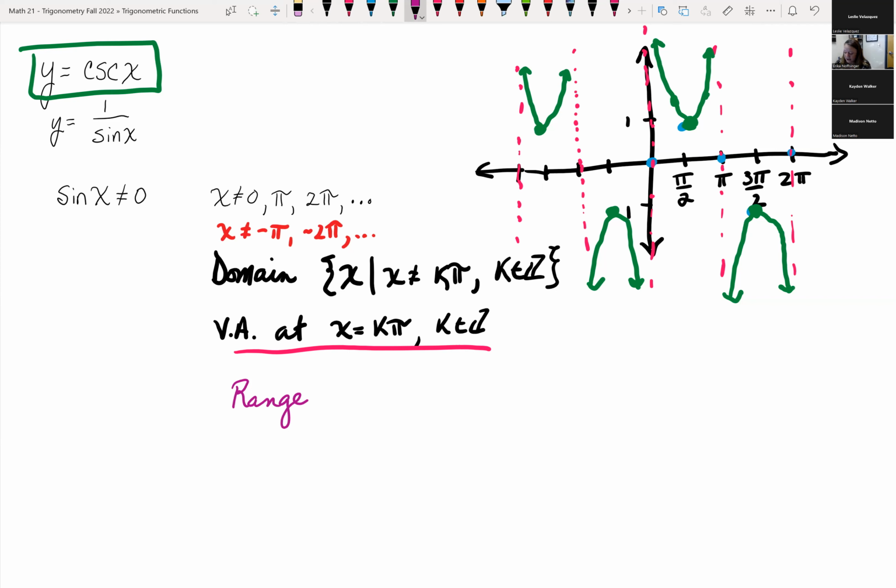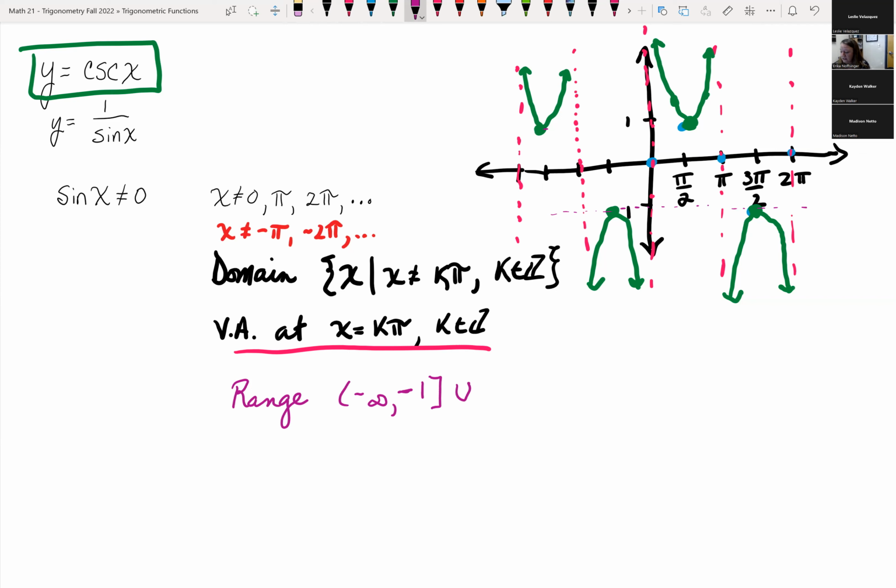So we're hitting all values from negative infinity. And then notice that we have a max here at -1, including -1. So we're going to put a bracket, union. So there's a jump in the graph where we're not hitting any y values. So we need to exclude those. We're not going to put those in there.